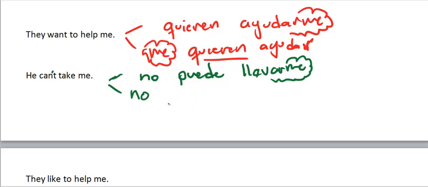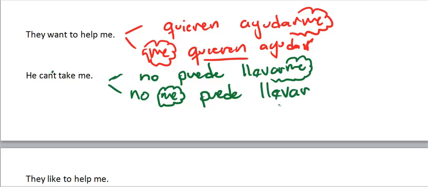So that way we are not breaking the placement rules. And we say no me puede llevar. See? So that is the other option because we have two verbs. We have a conjugated verb and we have an infinitive verb. So both ways are correct. Let's see.